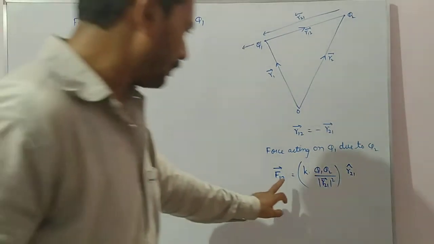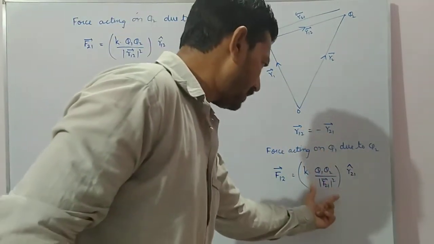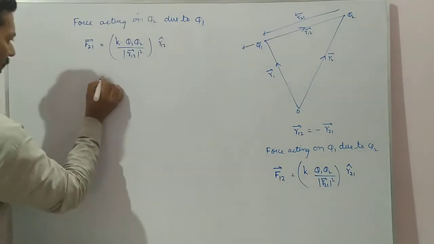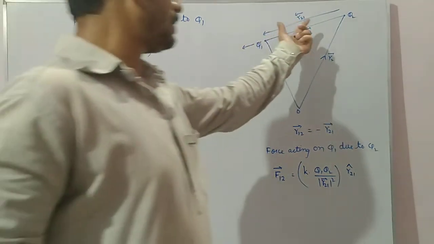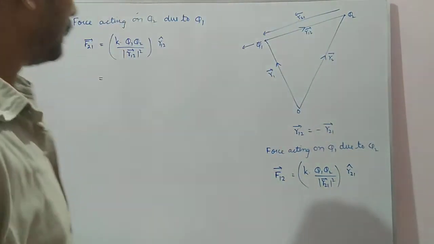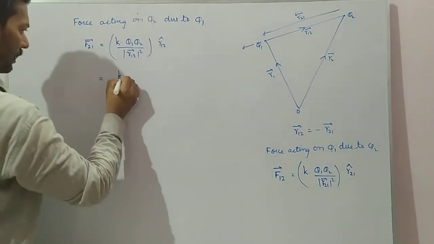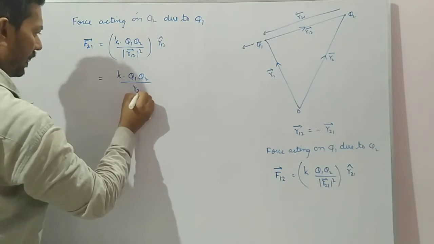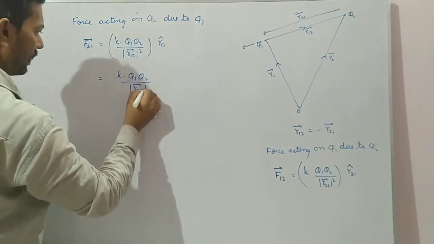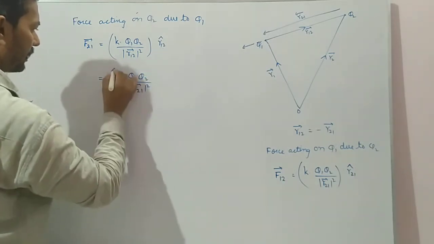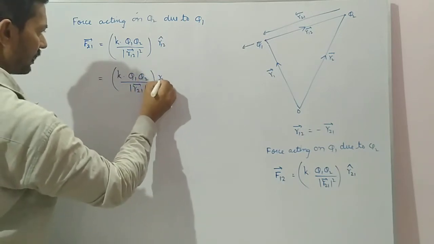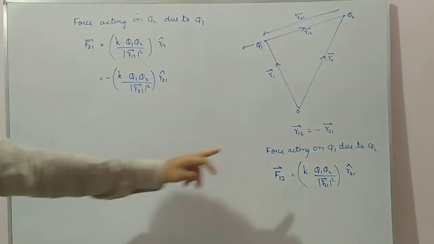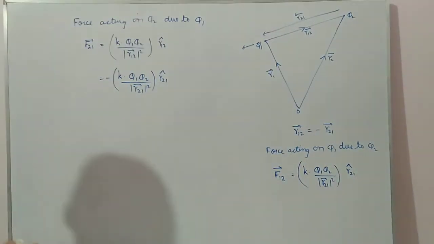Similarly, the force acting on 1 due to 2 is this much magnitude of force acting along the R21 direction. Now see here, the magnitudes of R12 and R21 will be the same. So we can write K Q1 Q2 by R21 magnitude square, and the R12 vector can be written as minus R21 vector.